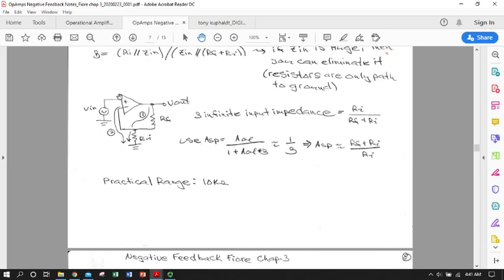no current is flowing through the op amp. No significant amount of current is flowing directly from the input signal to the output signal. So we have a very high Zin. So that means the difference in voltage points here and here is solely a product of the feedback resistors.